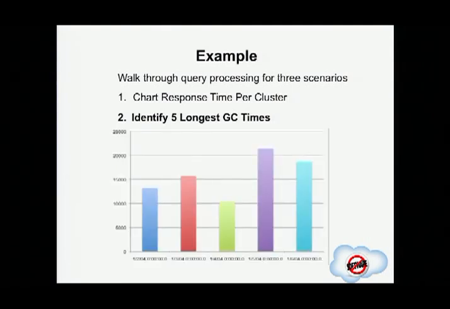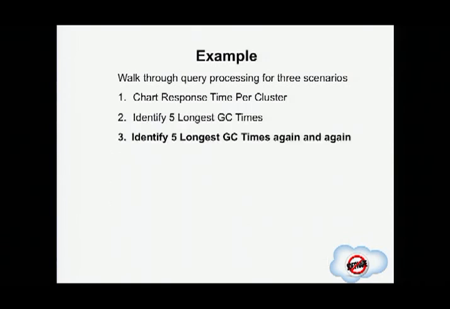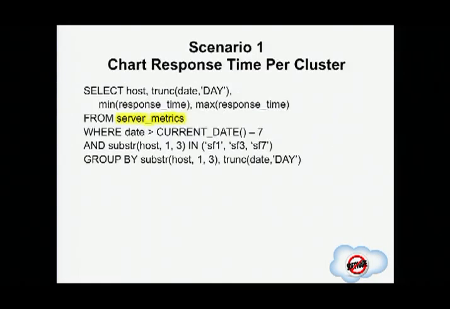Maybe you want to produce a bar chart like this, where you've got the time on the x-axis and you've color-coded your hosts, so you can quickly identify which servers are running into GC problems. A third example would be to identify the 5 longest GC times again, but this time you want to do it over and over again, so you want to optimize it. Those are the three examples I'm going to walk through now.